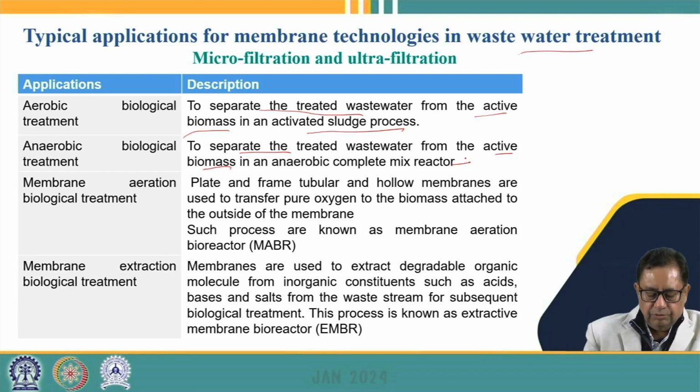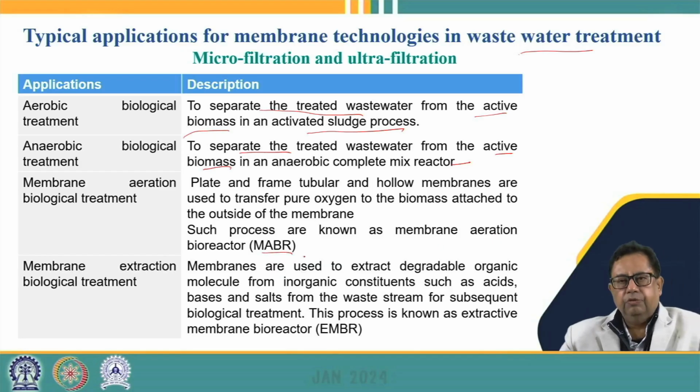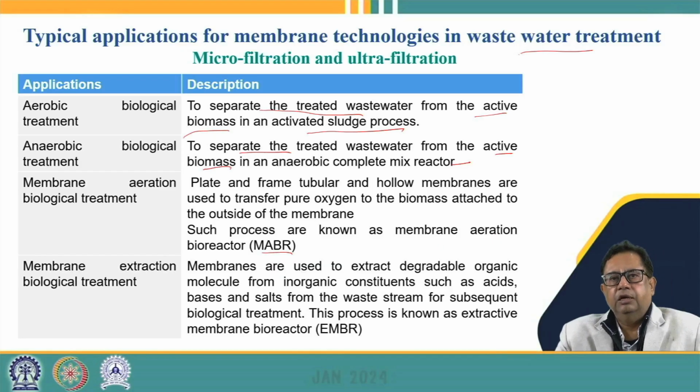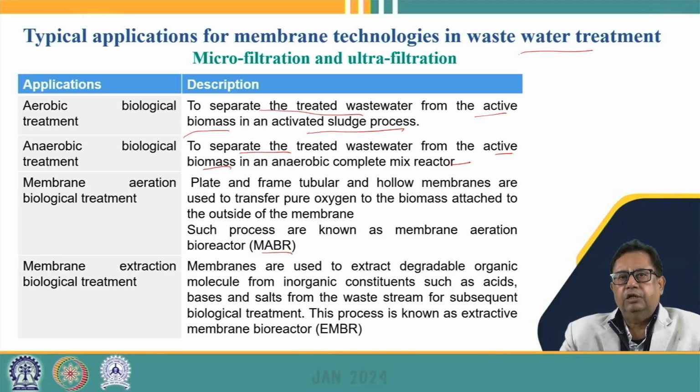So when we talk of the membrane aeration biological treatment system, that is also called the MABR, that is membrane aeration bioreactor, in that case we supply pure oxygen through the tubular or hollow fiber membranes, so that the bacteria can get attached onto the surface of the membrane, and they can lead to the removal of certain types of species.